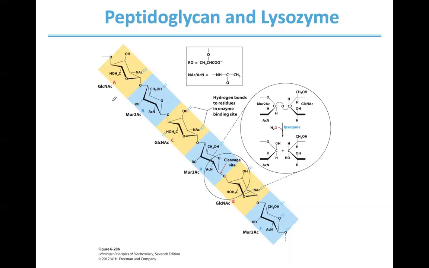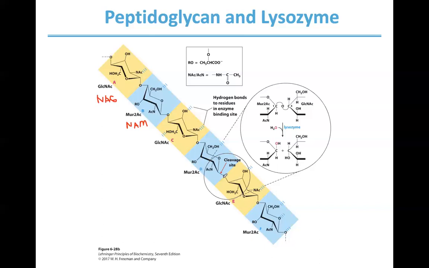So this is a saccharide known as NAG, N-acetylglucosamine, and this is N-acetylmuramic acid. So this glycan in the bacterial cell wall is composed of these alternating sugars.